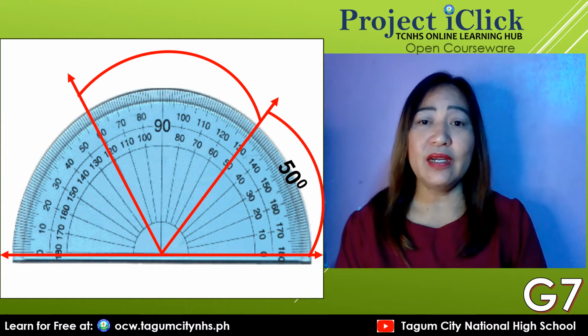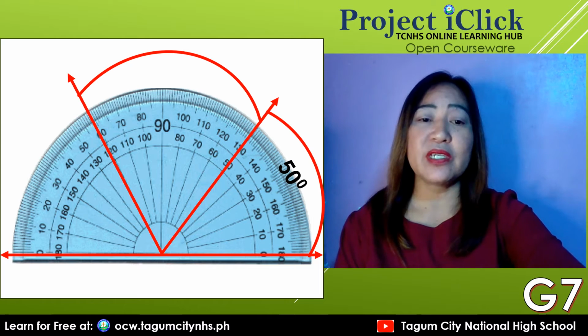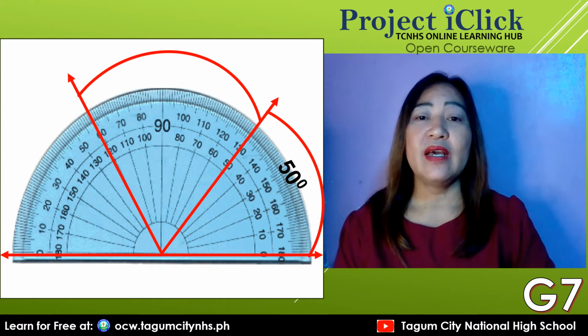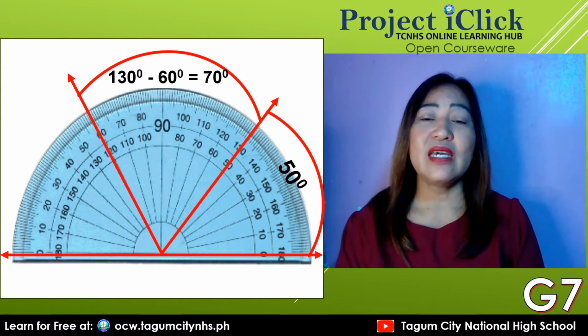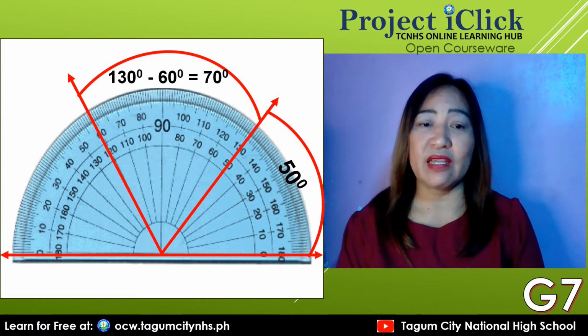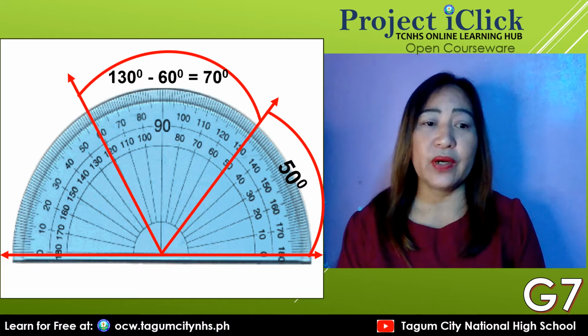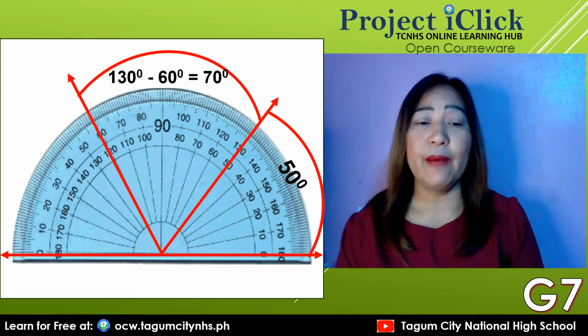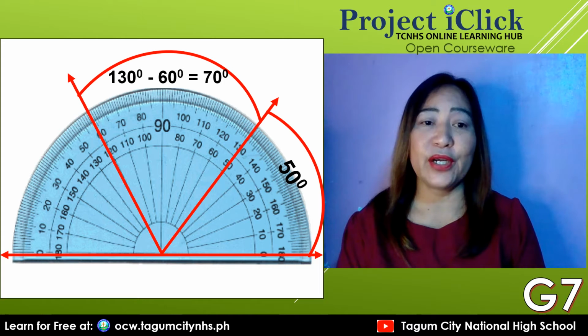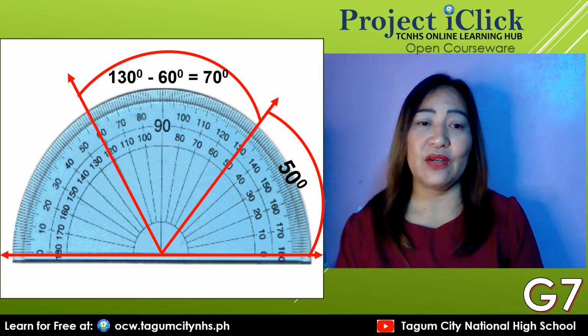In the same manner, if you are using the set of numbers below, you still find the larger number and subtract from it the number where the other leg is set. So in this figure, the larger number is 130, that is where the other leg is placed, and the other is 60. So the angle measures 70 degrees.